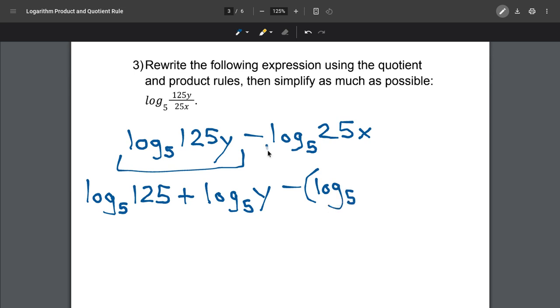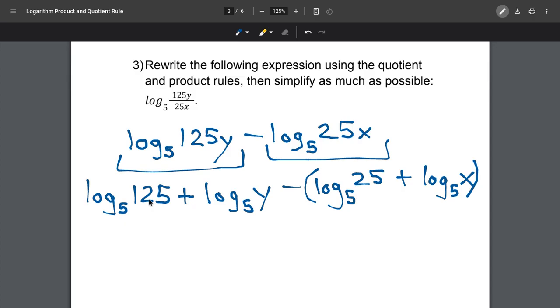Now I'm breaking apart the second one here. Log base 5 of 25 plus log base 5 of x. All that's being subtracted.